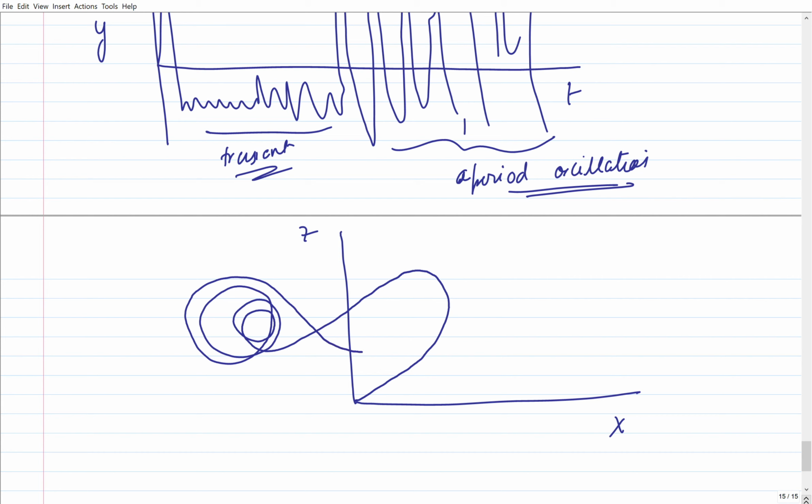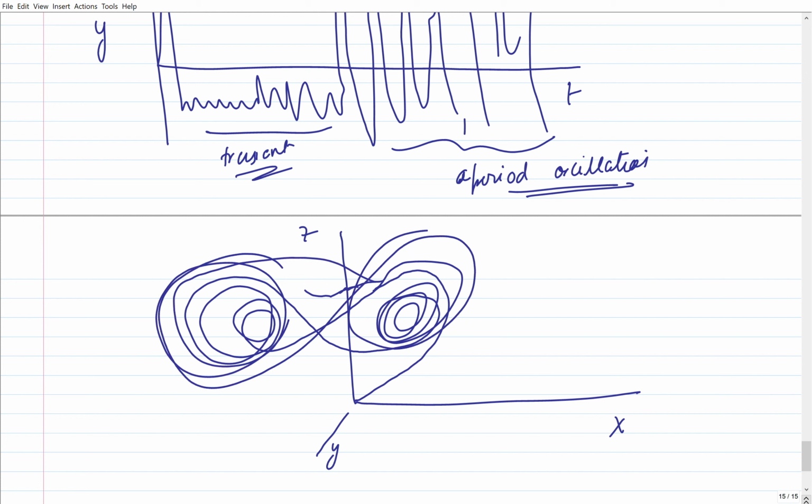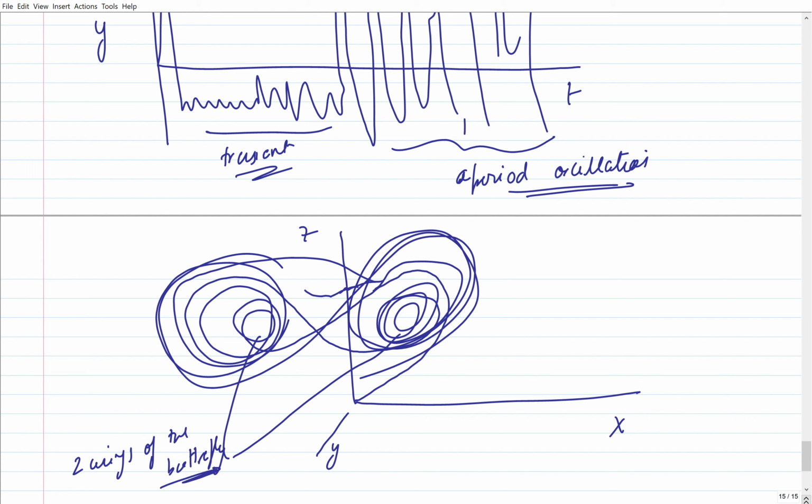And then it again goes to this wheel. Of course, these trajectories are in a third dimension also, so they look like they are intersecting each other. They are not. And then again it goes to one of these, again, again. So these are the two wings of the butterfly, and you get these beautiful patterns which you see.